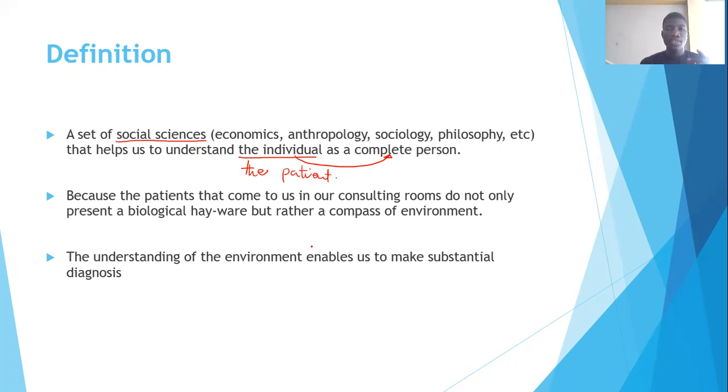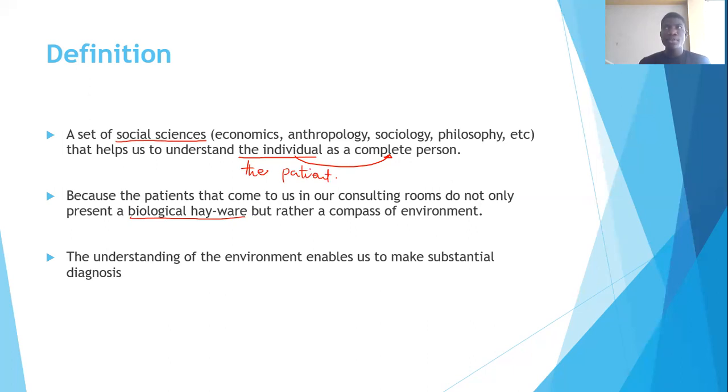Don't forget that those people that come to our consulting rooms do not only come with a biological haywire. They don't only come with their physiology gone wrong. They also come with an environmental compass, a circumference of their society.